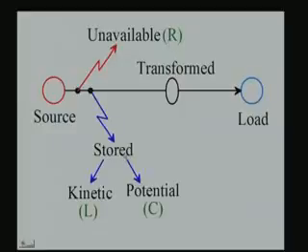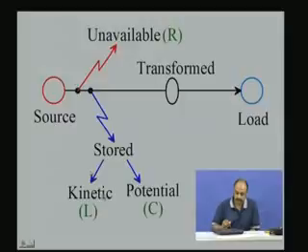Now, let us have a look at the storage components, that is the kinetic storage and the potential storage. Let us first look at the potential storage component, which is the capacitor.